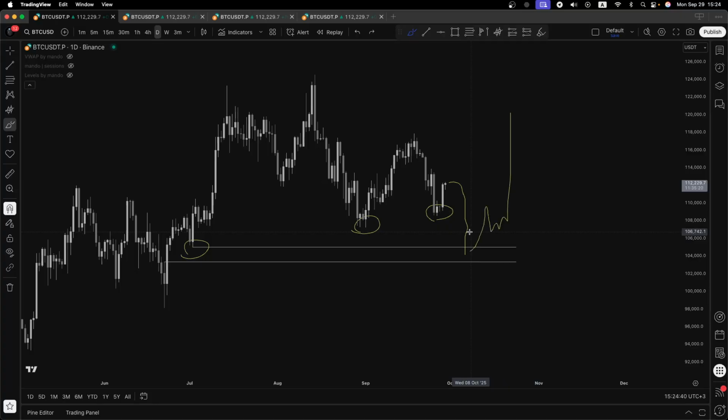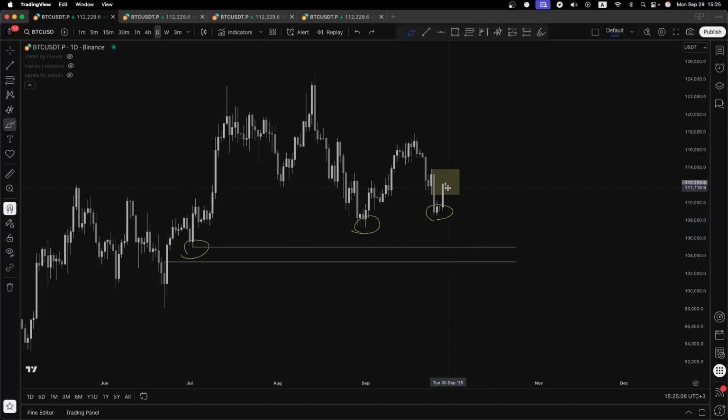Now, the bull scenario going forward would be a flip of this resistance right here. This is like a supply, because this candle right here is displacement lower, right? So if this candle rejects right here, we're going for the lows, definitely.